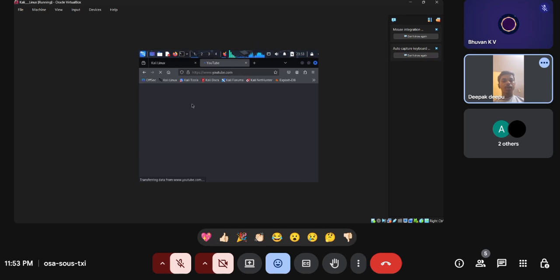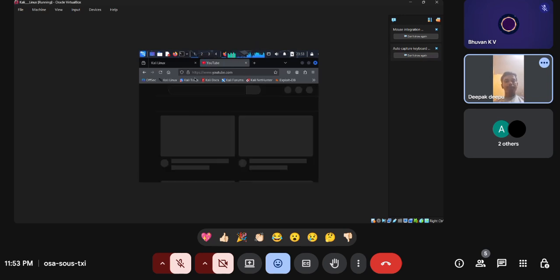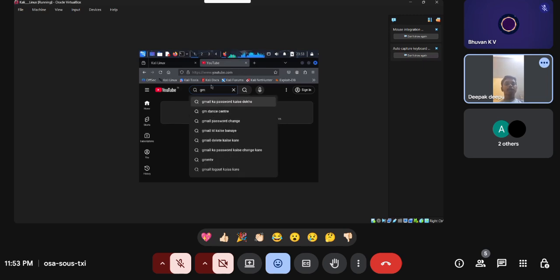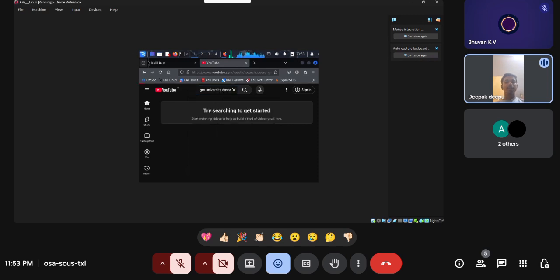By seeing the runtime of YouTube, we can easily analyze the CPU usage and memory allocation of Kali Linux to access YouTube.